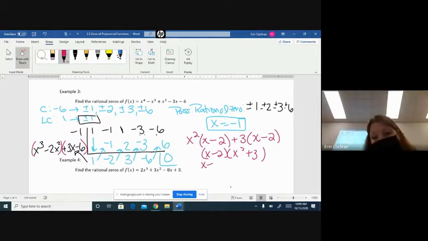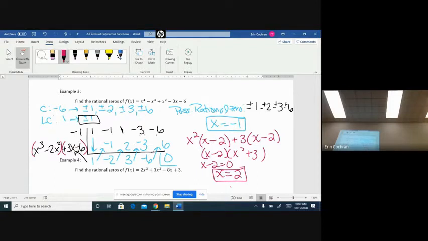So x minus 2 equals 0. So what is my other real root? 2. Would I get a real root with x squared plus 3? No. Why? -3 and then take the square root of a negative. You can't do that, right?